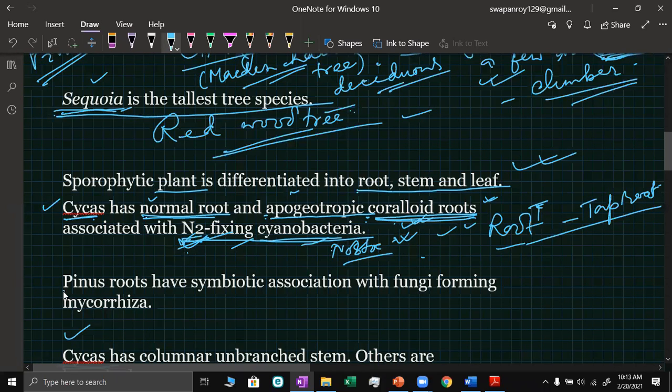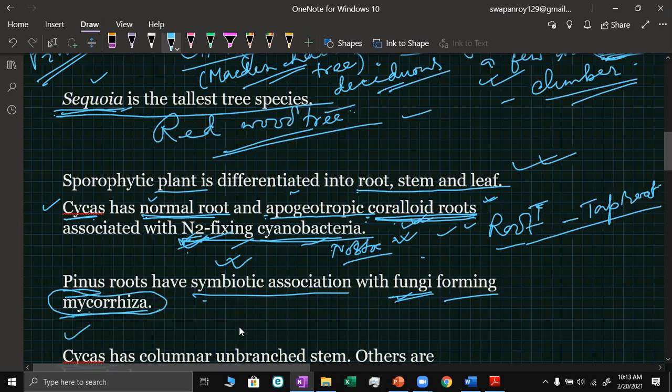In Pinus, the root has a symbiotic association with fungi, and that root along with the fungi is known as mycorrhiza.